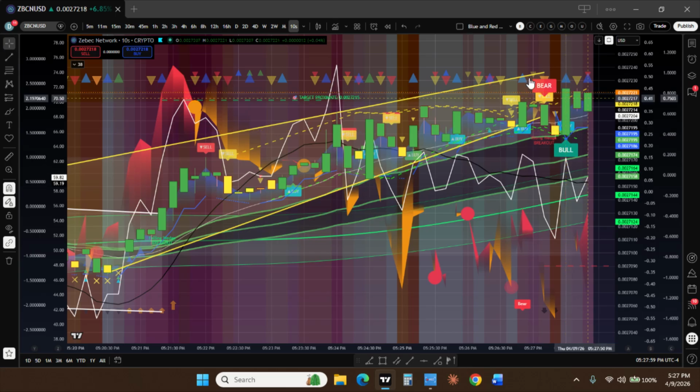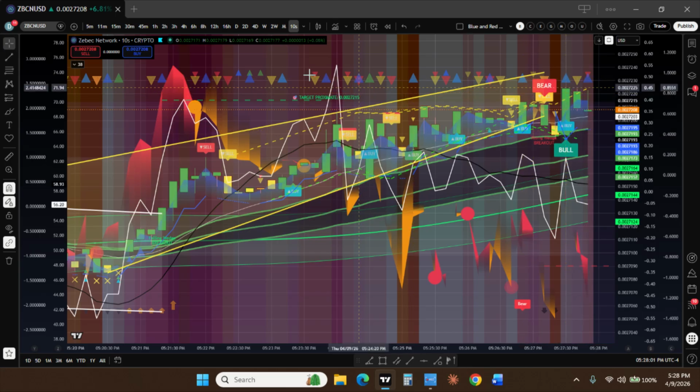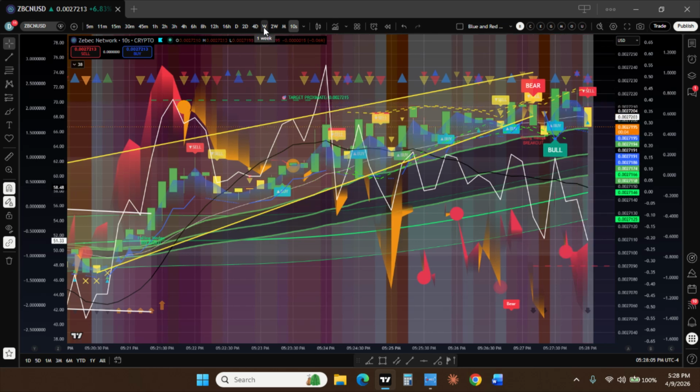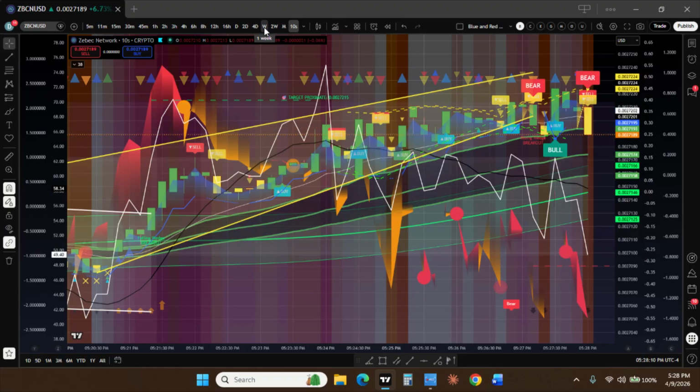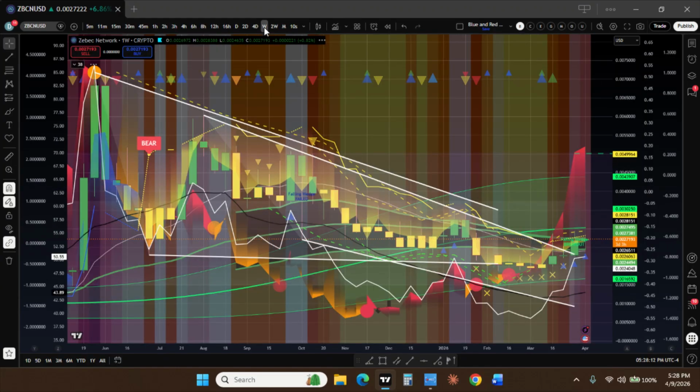as we look at a higher time frame where we don't get signals every 10 seconds, but more like every week. What do you see? You see two.